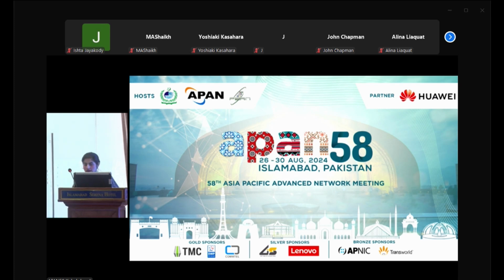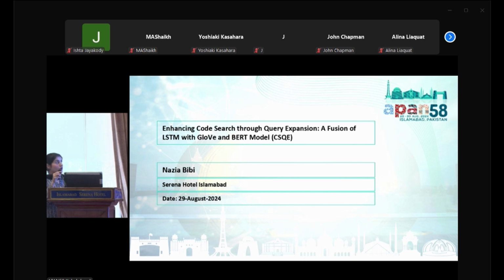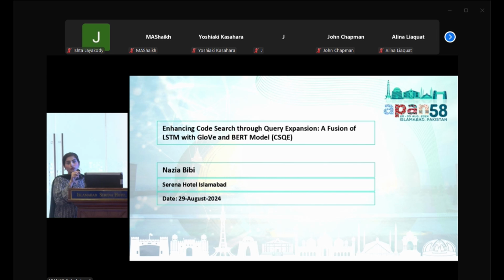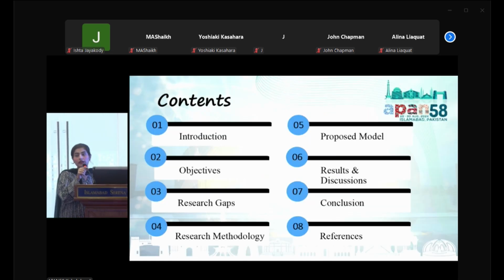So let's jump into the main presentation. The topic of the presentation is enhancing code search through query expansion, a fusion of LSTM with GloVe and BERT model. These are the contents that I am going to cover during the presentation.